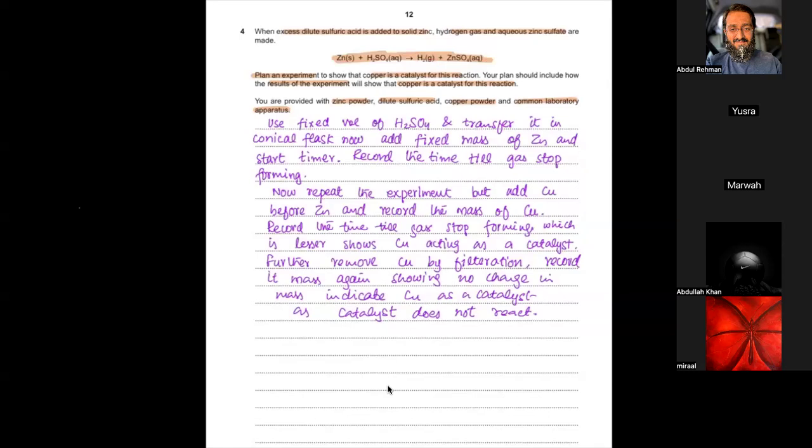For example, the time till the gas stops forming is 5 minutes here, but when we have added a catalyst, now it is lesser, let's say 3 minutes. And then when we filter the copper and weigh it, it shows that, as you know, the catalyst does not react, so its mass is the same as it was before mixing, right?